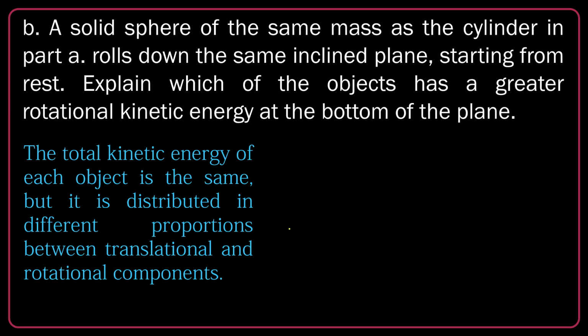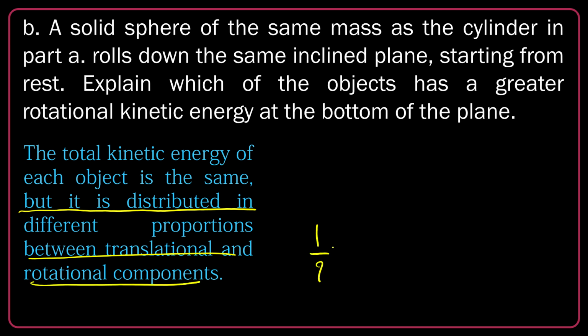I can start like that. The total kinetic energy of each object is the same. Why? Because they start from the same potential energy on the top, okay? But it is distributed in different proportions between translational and rotational components. I mean a half of mv squared and a half of I omega squared.